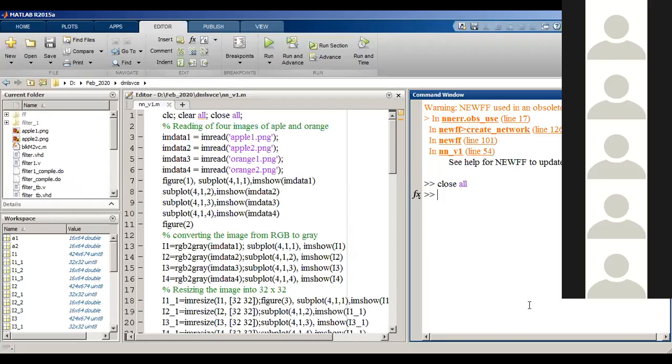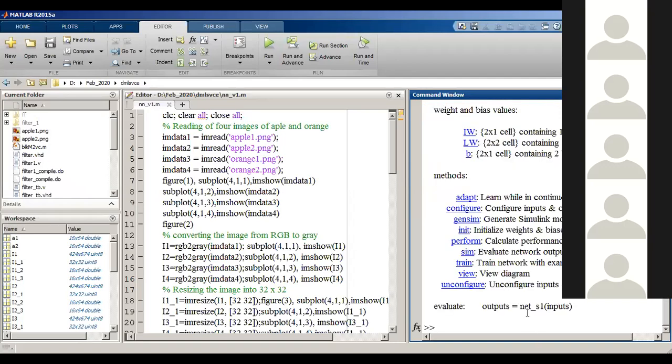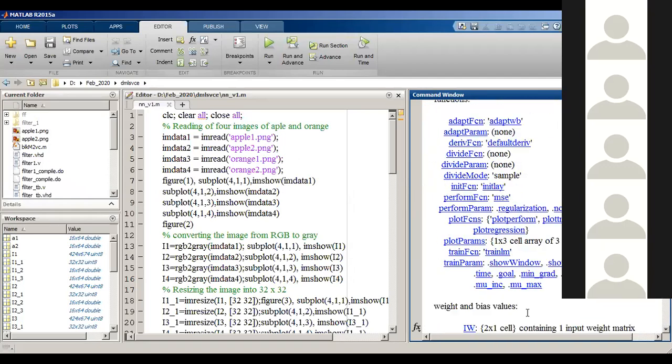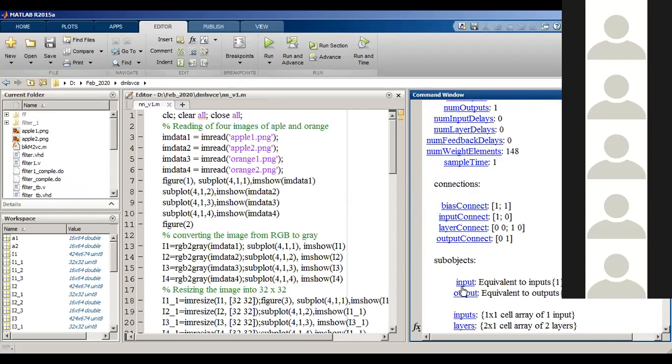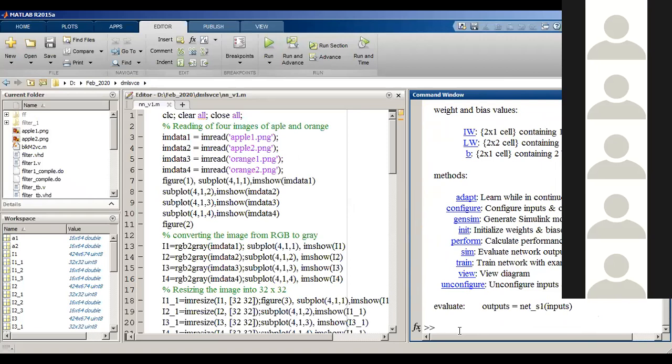Let me go back. Since the network is trained, my trained network is net_S1. This is the network that has been trained, and the name I have given to the network is net_S1. Once the network is trained, to find the weights and biases, I use net_S1.IW{1,1} for the input weights.